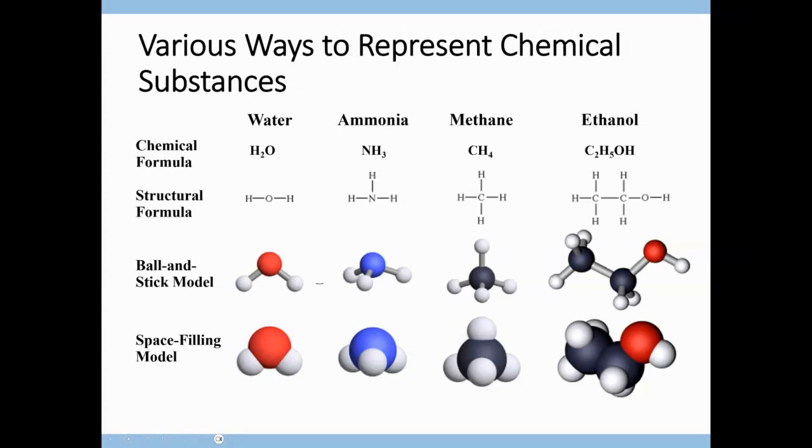So this shows that the hydrogen orbital is overlapping with the oxygen orbital on both sides. The ball and stick model emphasizes the bonds. The structural formula tells us what atoms are bonded, but doesn't tell us the shape. So, a bunch of different ways to represent molecules.